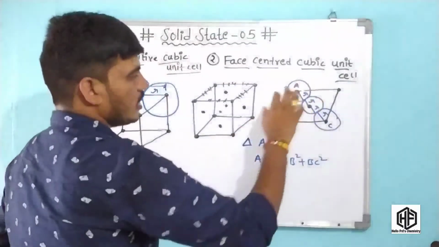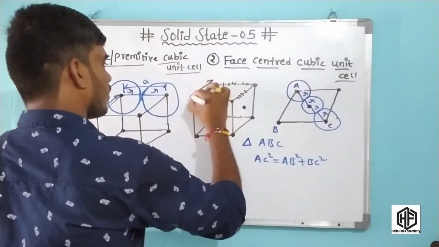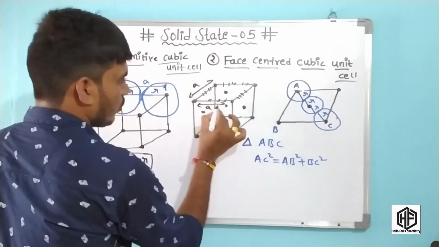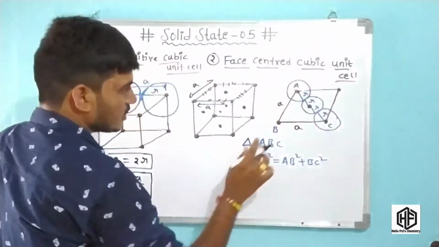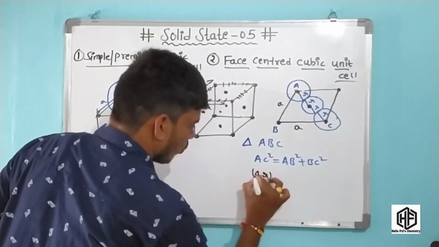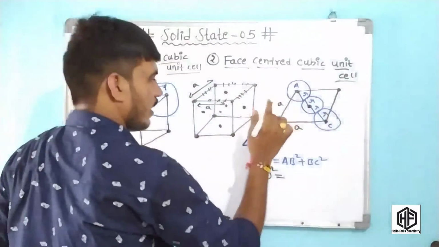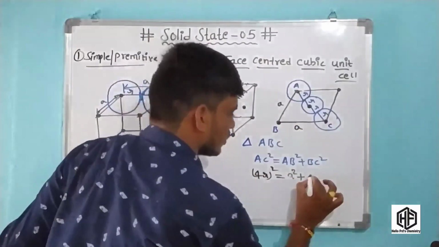This AB is the edge length of the unit cell, and BC is also the edge length of the unit cell, so both are a. AC is R plus R plus R plus R, which is 4R, so (4R) square is equal to a square plus a square.